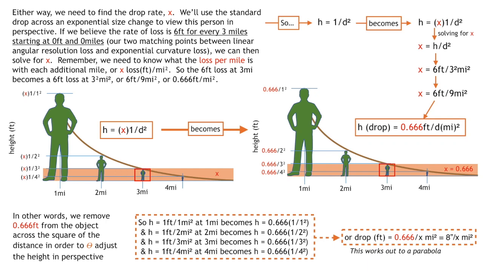At 2 miles he's lost about 2.6 feet of himself, or about half of his body. At 3 miles, he's lost 1 full body. His 6 foot has disappeared. At 4 miles, he's lost about 10.6 feet of himself. In other words, if we remove 0.666 feet from the object across the square of the distance, this is what we're doing in order to theta adjust our height in perspective.